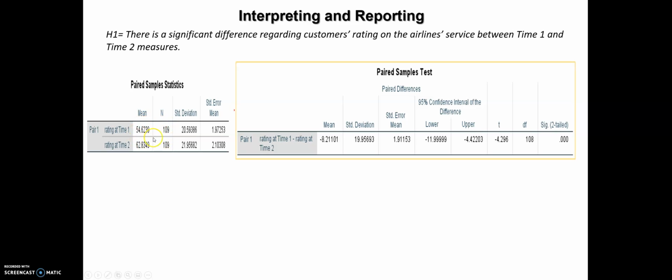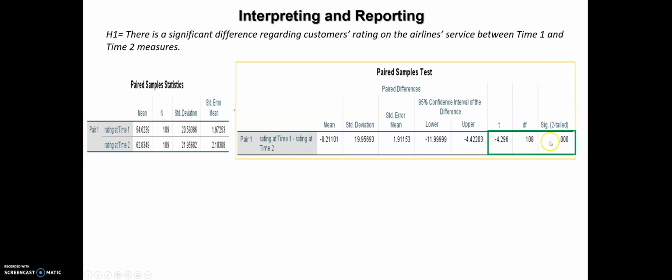To understand that, I should look at my inferential statistic table, on the right-hand side of my screen. In this table, we should pay attention to these three values: my t value, which is minus 4.29, my df, which is degrees of freedom, 108, and my sig or p value.